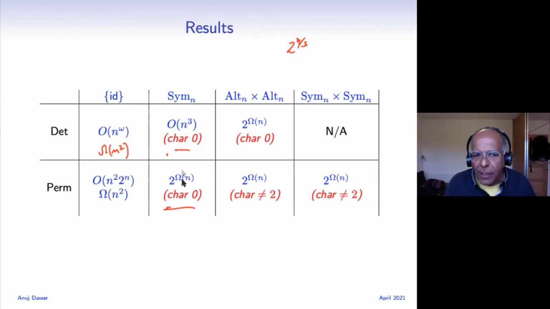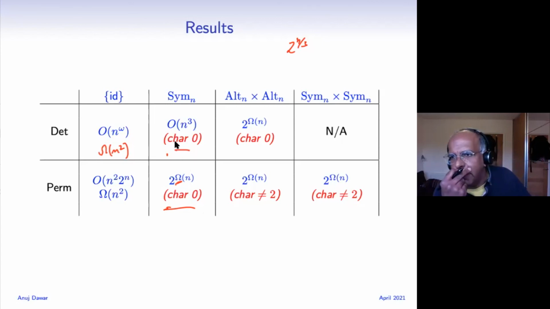Except that doesn't work because this omega hides some big constants, right? And this 1/3 is completely swamped by that constant. So I don't know how to do better. And other than this Weisweiler-Lehmann method, I don't know of any other method for proving lower bounds for the symmetric circuits. So this is why I don't really know how to prove a lower bound here.